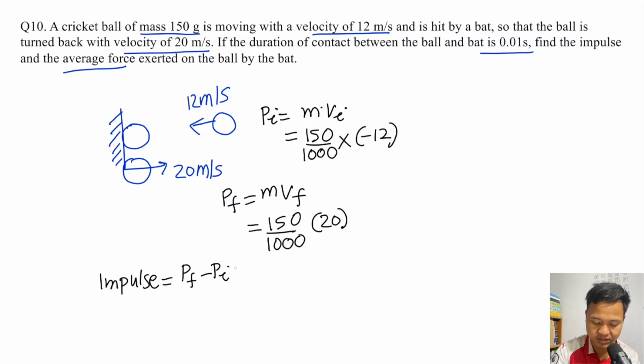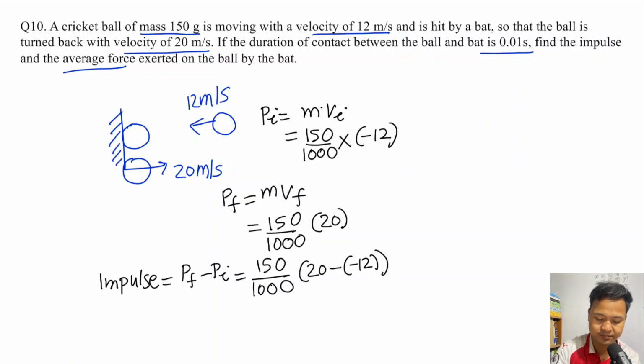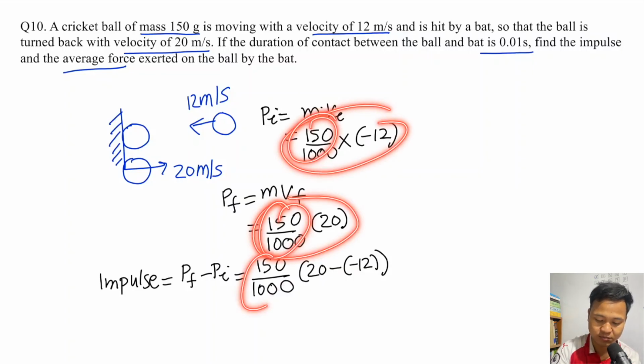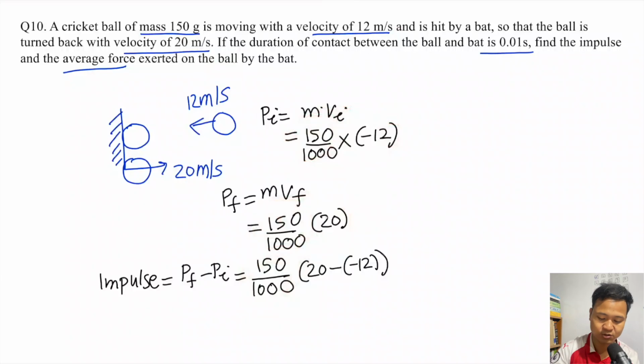So p final minus p initial is 150 by 1000 into 20 minus (minus 12). The common factor 150 by 1000 stays, and the remaining is 20 plus 12, which is 32.